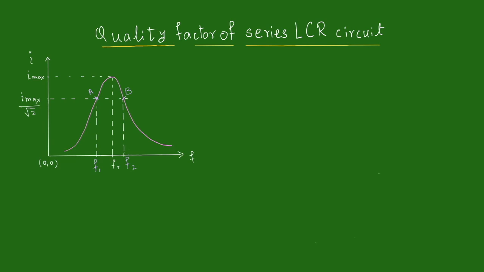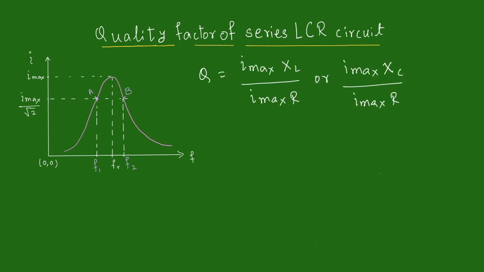Hence, quality factor denoted by Q is written as Q equal to I maximum into XL upon I maximum into R, where I maximum into XL is the voltage across the inductor at resonant frequency and I maximum into R is equal to the supply voltage.